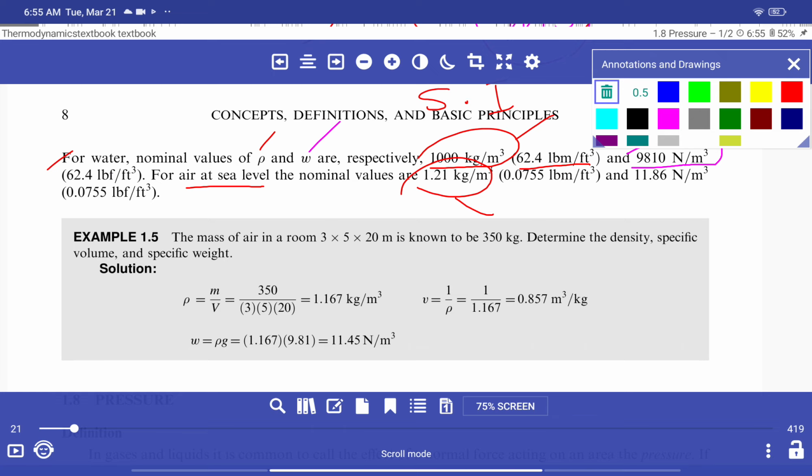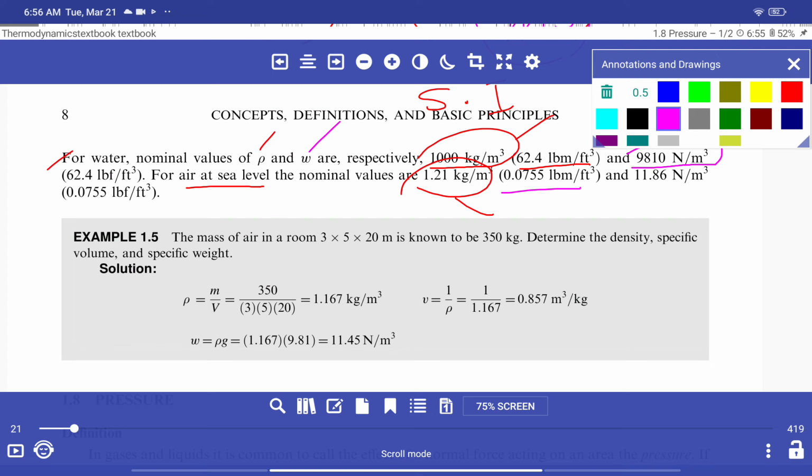Okay, and of course, you have also the English. This is the density of air, 0.0755 pound per cubic feet. But the technique here is to just remember the one system for both water and air. The easy thing to remember is in SI unit.